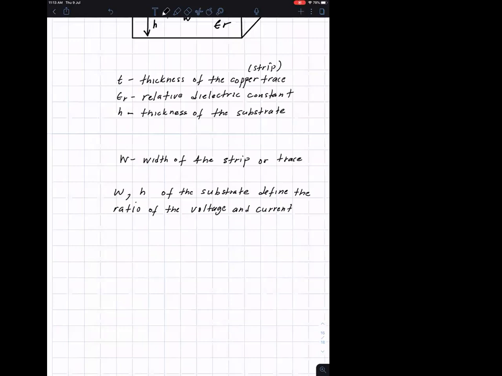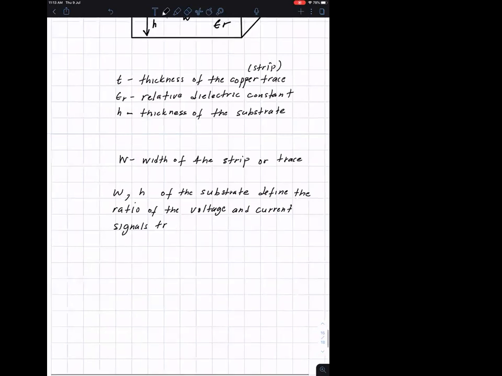Current signals traveling. Okay, they define the ratio of voltage and current signals traveling along the microstrip line.